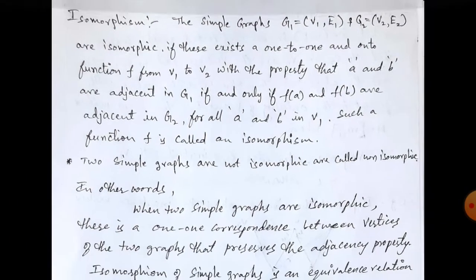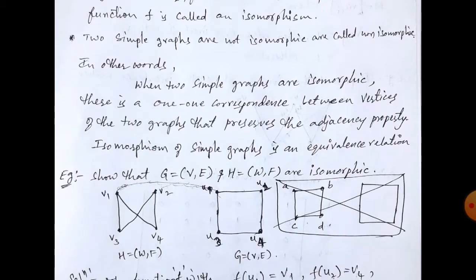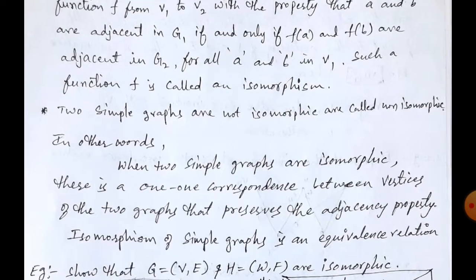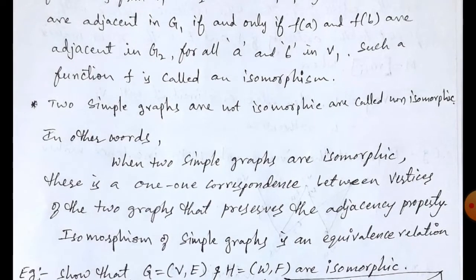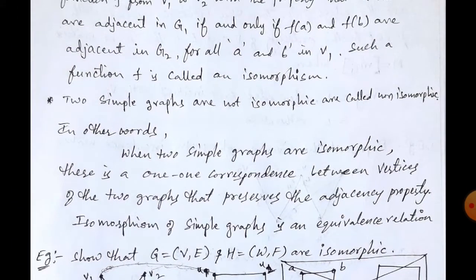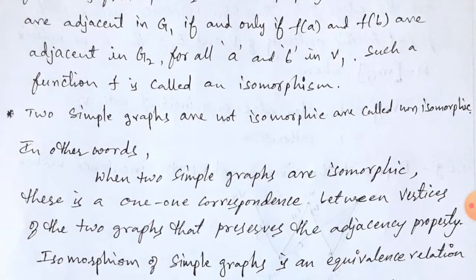By this definition alone we can't understand it, but by giving an example we can easily see what isomorphism is. But it is important to know that two simple graphs that are not isomorphic are called non-isomorphic.